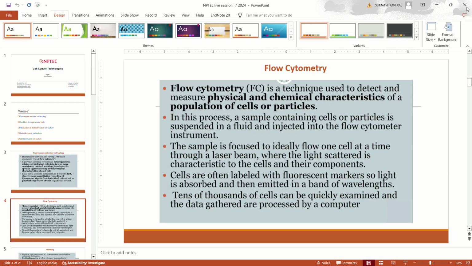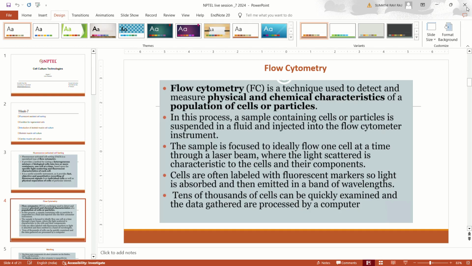Next is, it is a technique used to detect and measure physical and chemical characteristics of a population of cells or particles. So this FACS is a technique which is done by flow cytometry. So the method is flow cytometry. Here FACS is particularly for cells.